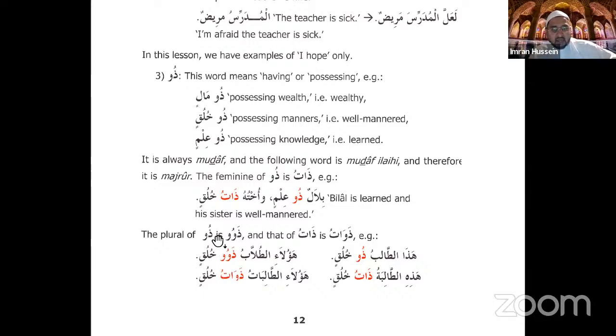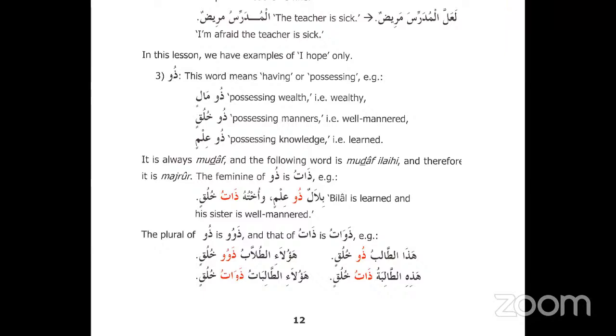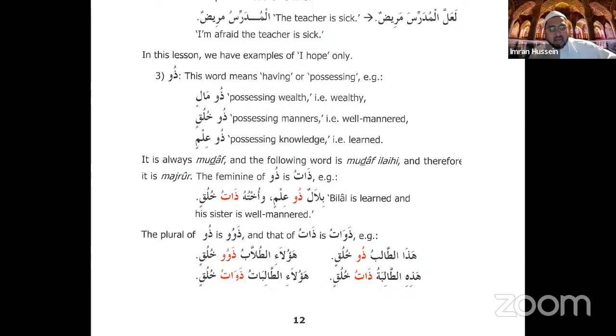In the case of raf, it gets a dhamma. In the case of nasb and jar, the waw will change to a ya. I'll explain in the next phase how the waw changes to a ya.